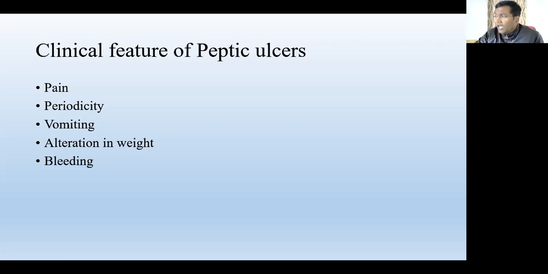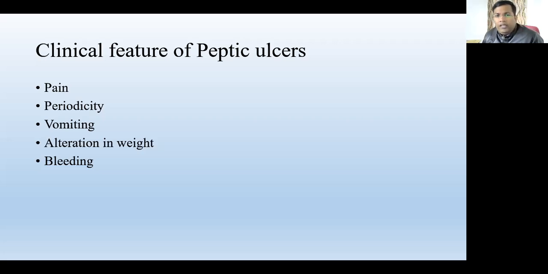Periodicity means the patient has a few weeks or few months with this pain and all these features, then suddenly all the symptoms are gone and the patient has symptom-free weeks or months. The patient feels that every symptom has resolved itself, but again after a few weeks or months, symptoms appear and the patient feels sick again. So this periodicity is characteristic of the duodenal ulcer.